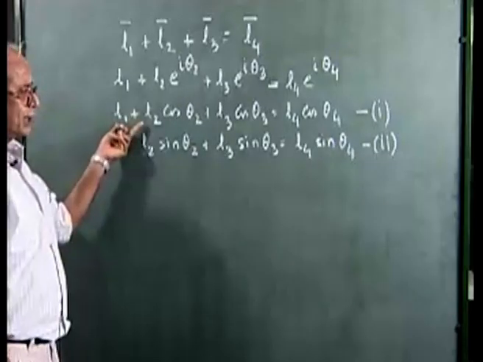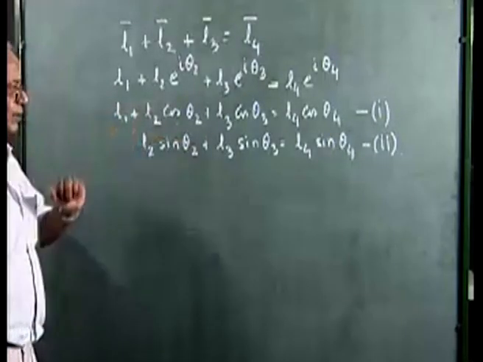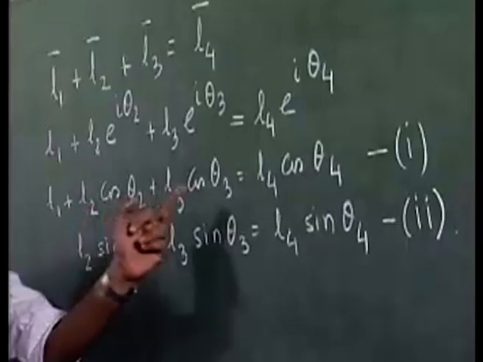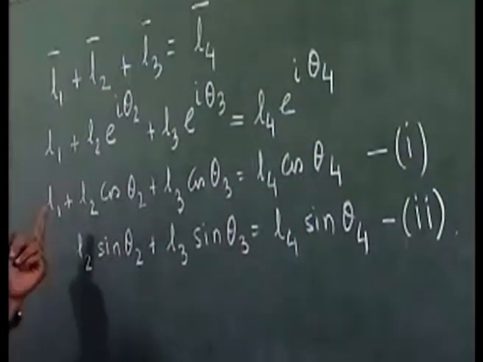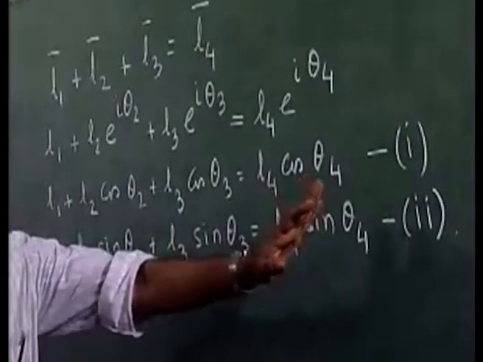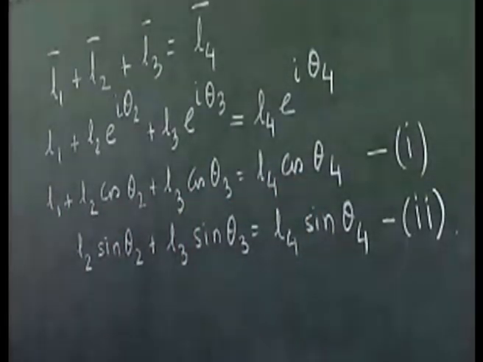Now these equations are valid for all instants of time, where theta 2, theta 3 and theta 4 are functions of time, whereas the link lengths L1, L2, L3, L4 are time independent constants.